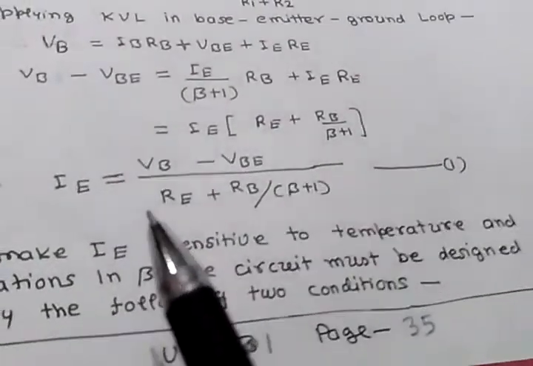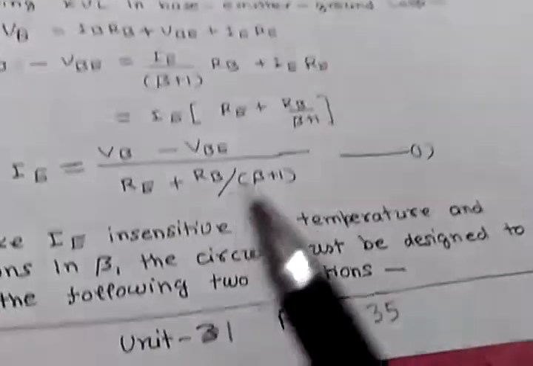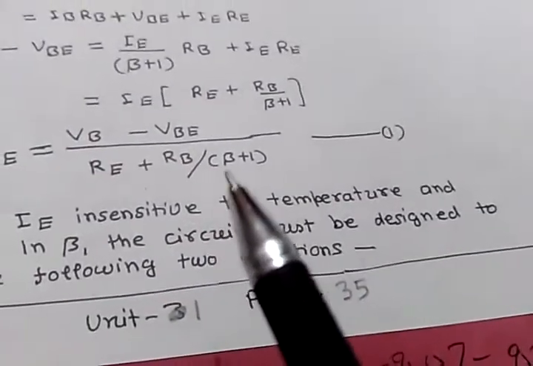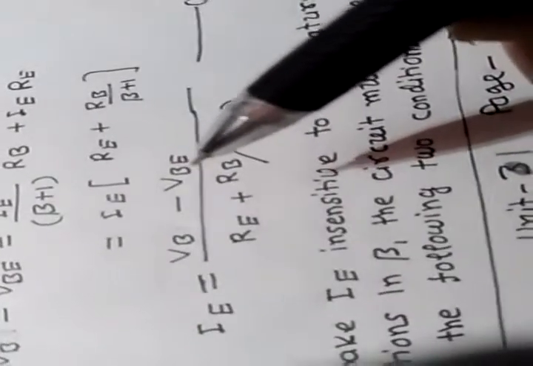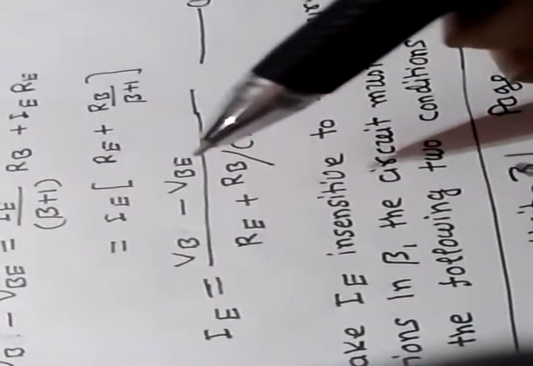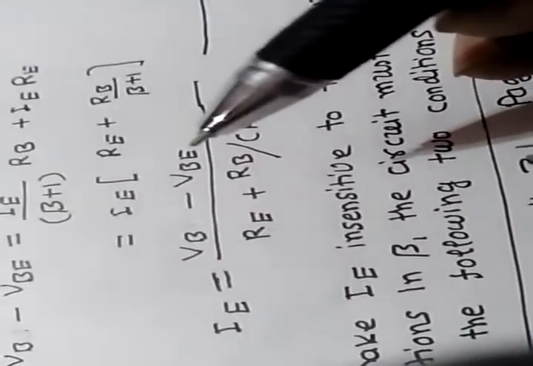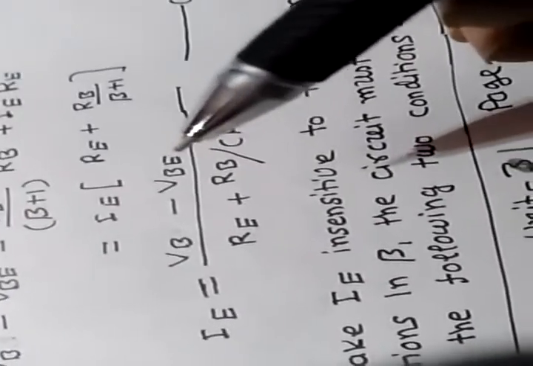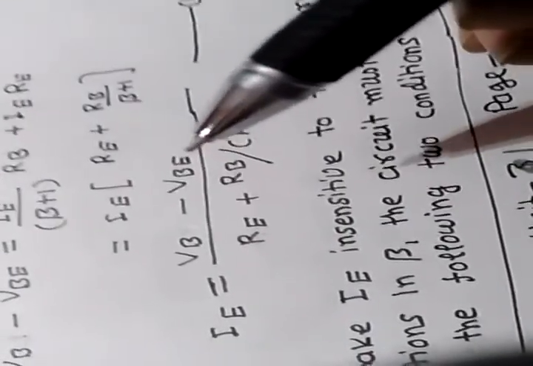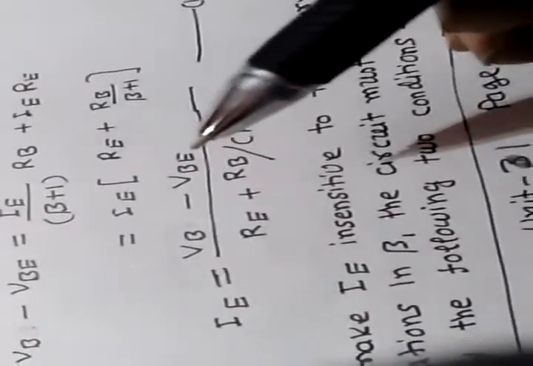To improve the stability, we have to make this emitter current independent of the variation in temperature and transistor parameter beta. We already know base emitter voltage for the silicon transistor is 0.7 volt and for germanium transistor is 0.3 volt, and this base emitter voltage decreases at the rate of 2.5 millivolt per degree Celsius increase in the temperature.